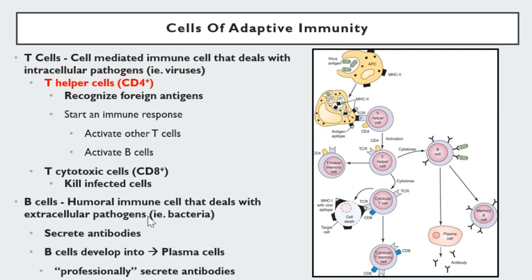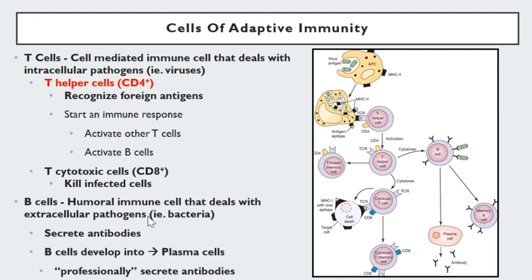So we kind of went over what these different cells are, which are T cells and B cells. There are 2 different flavors of T cells, and that they're CD4 positive. That stands for cluster of differentiation. It's just a protein that is on the cell. It does something very important to the function of helper T cells, and then CD8 does something very important to the function of cytotoxic T cells, but y'all don't need to know that. They help with co-receptor stuff.